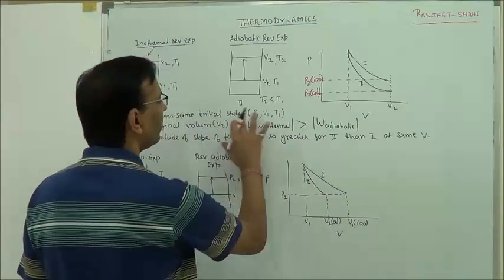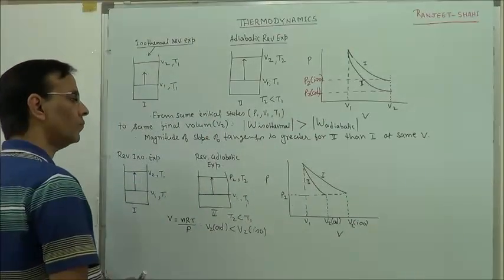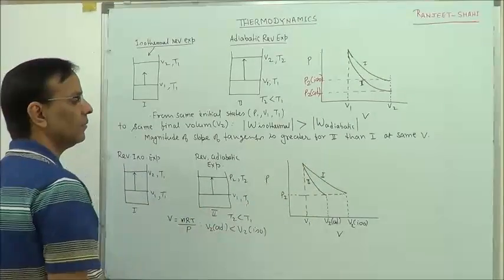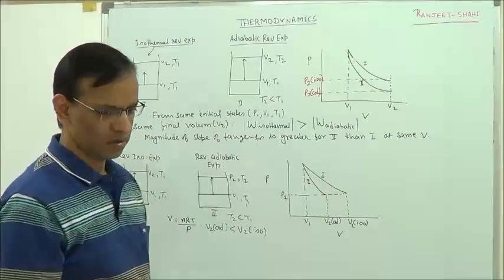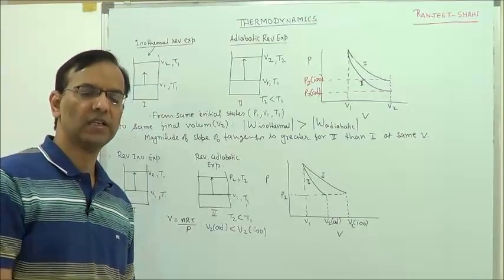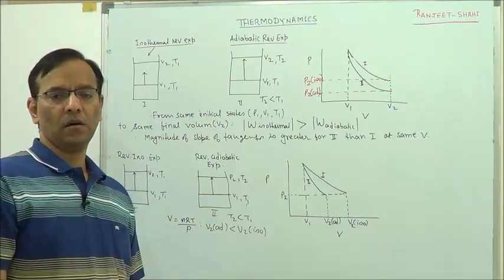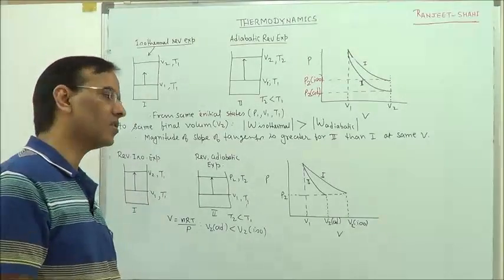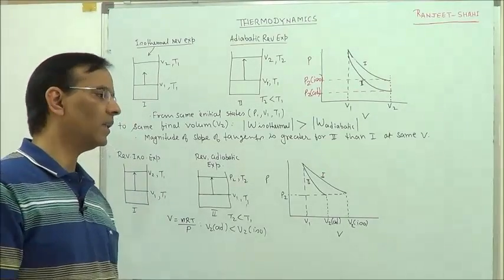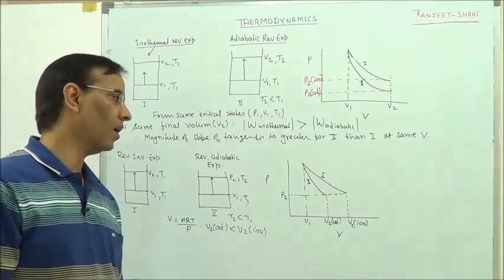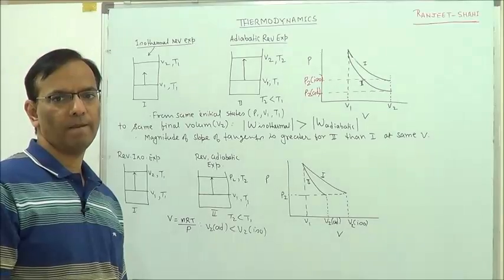Once again the same result will come. The area under curve 1 is more than the area under curve 2, and curve 2 is steeper than curve 1, that is, the magnitude of the slope of the tangents on curve 2 is greater than the magnitude of slope of tangent on curve 1 at the same value of volume.